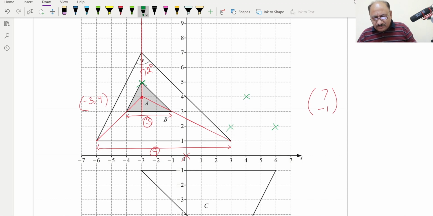So after translation by matrix 7 and -1, the translated triangle will be this one. This is the translation which we have done.